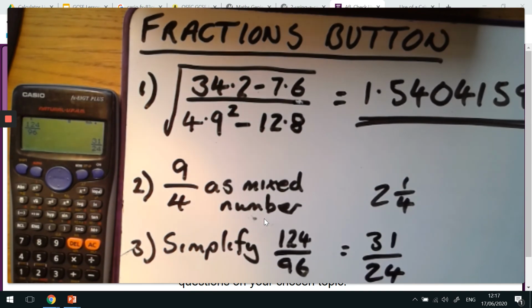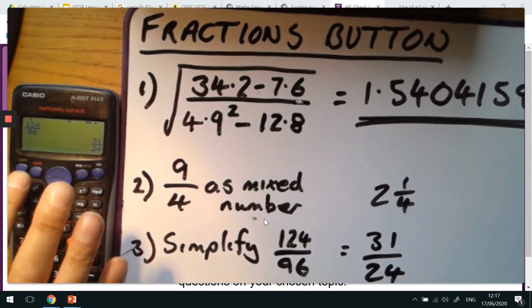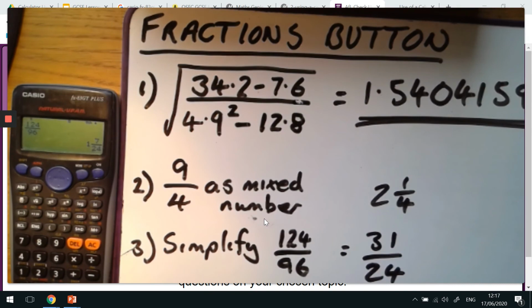So if that's an improper fraction, if I had wanted that as a mixed number, I just press my convert to mixed number button, and I get 1 and 7 over 24 without having to do the calculation. So really, really powerful tool, and one for checking as well as anything.